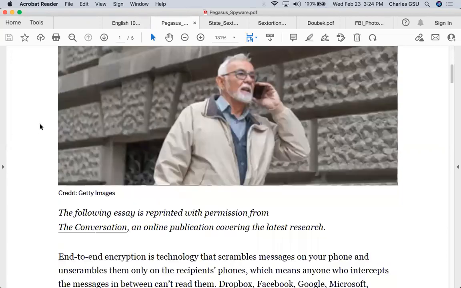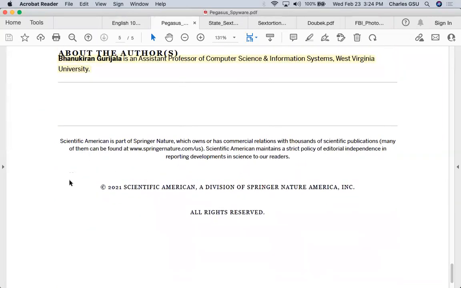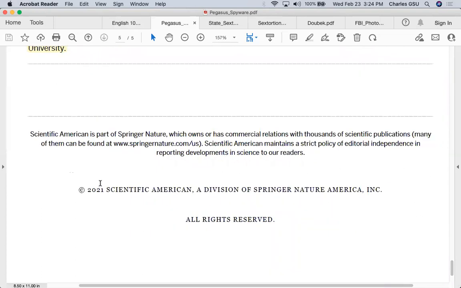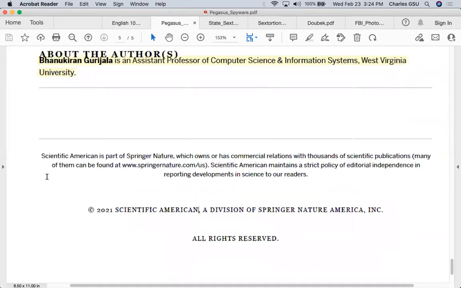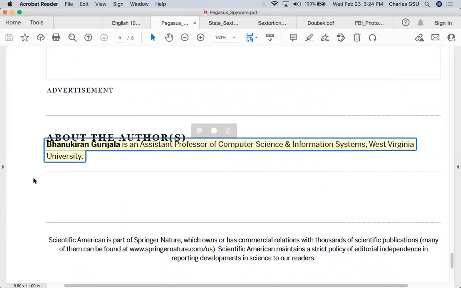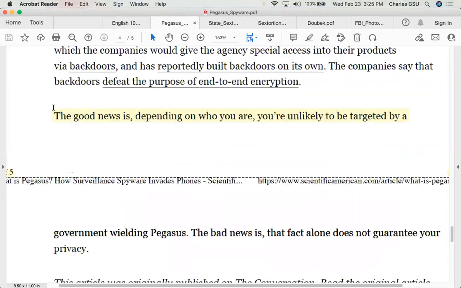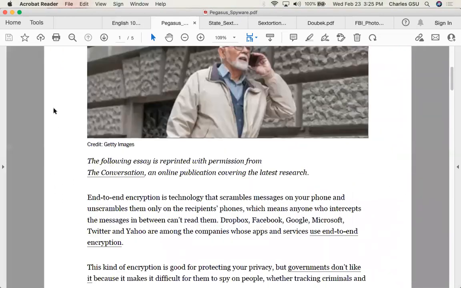If you go down to the articles, this is published in Scientific American, which is a top-notch publication in the United States, and has been for a long time. As you can see here, this is a legit person. He teaches computer science at West Virginia University as a cybersecurity expert. So this is who's writing this piece, again, fairly recently.